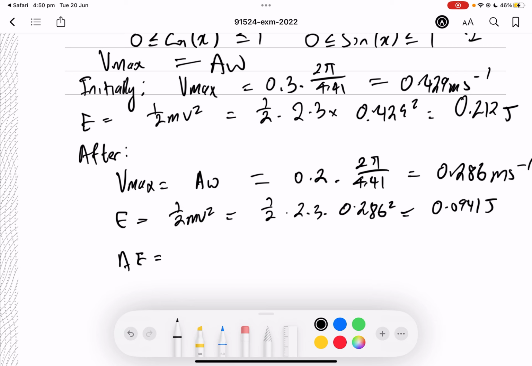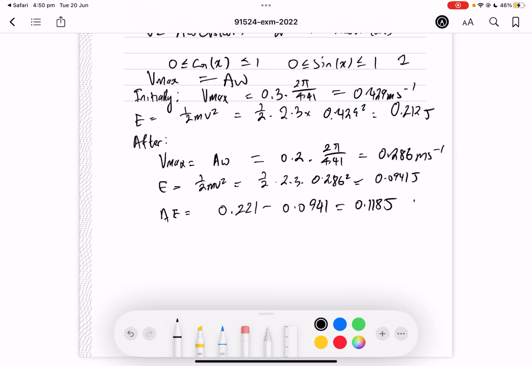So this will be 0.212 minus 0.0941, and that's equal to 0.118. So therefore we lost 0.118 joules.